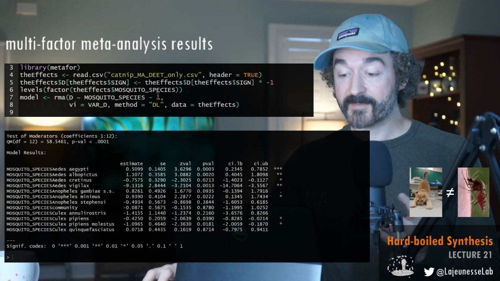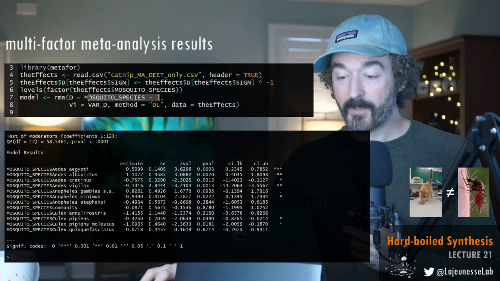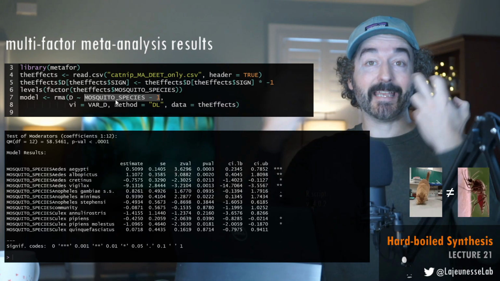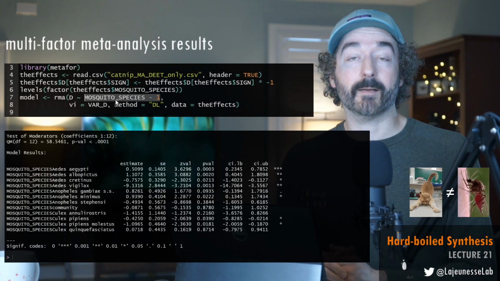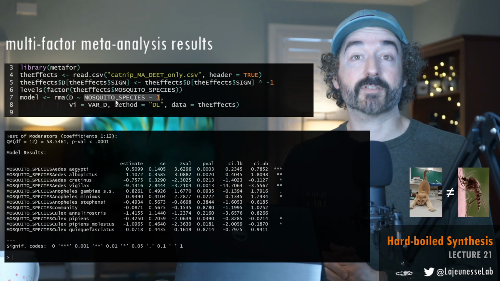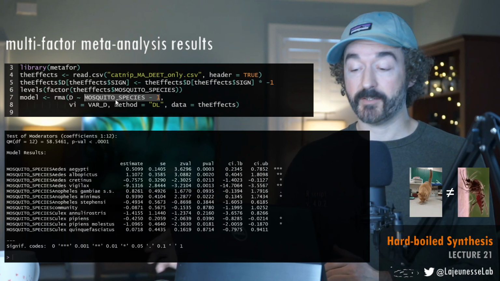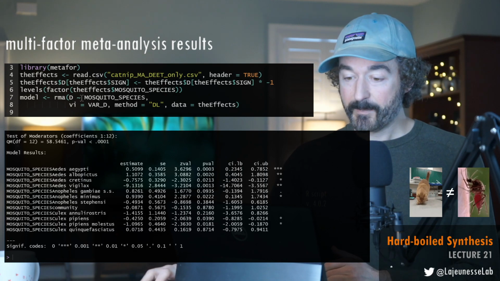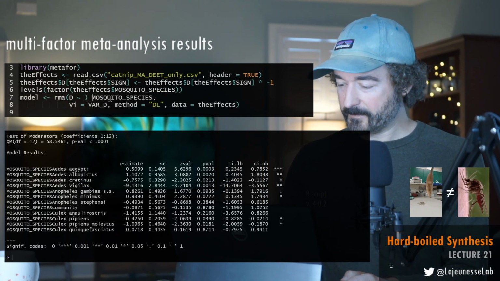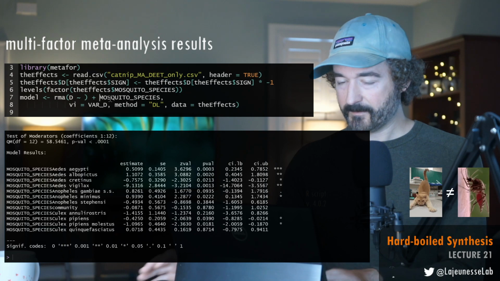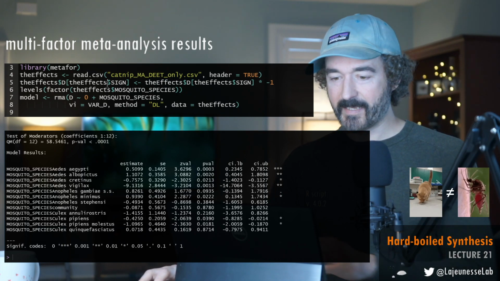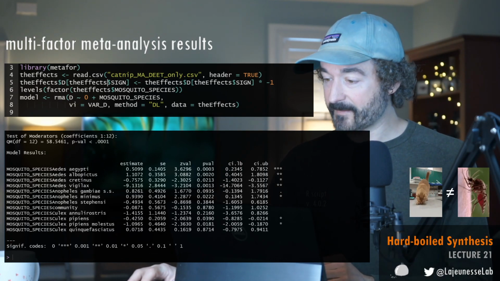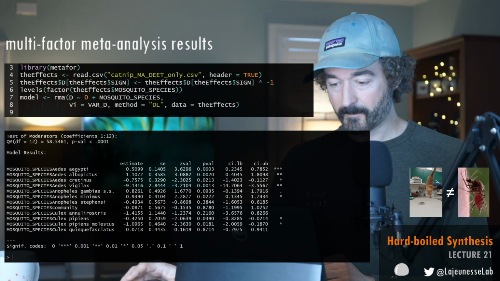Oh yeah, just an aside, another way to drop the intercept from the model to get all the average effect sizes per group in your categorical model, you could drop it this way by removing one, but you could also do this. Just say there's no intercept plus the categorical group, and this should provide the exact same result.